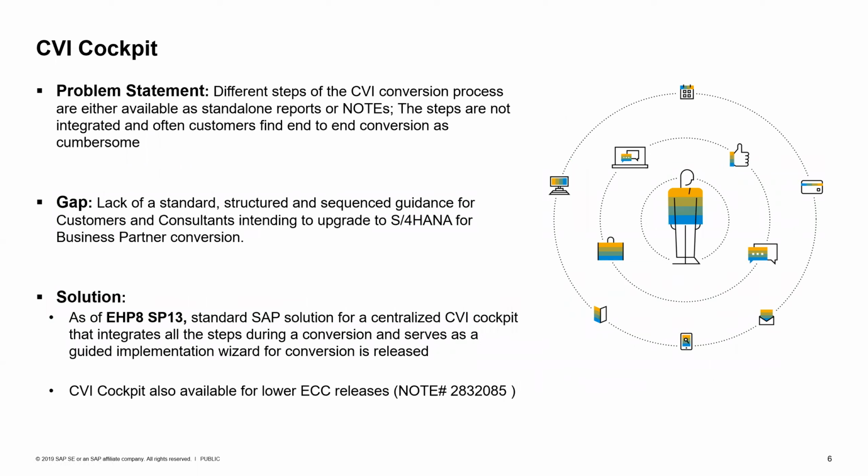Just to narrow down on our topic today, which is the CVI cockpit, I'd like to just briefly talk about the problem statement that we had been facing before the CVI cockpit was in place.